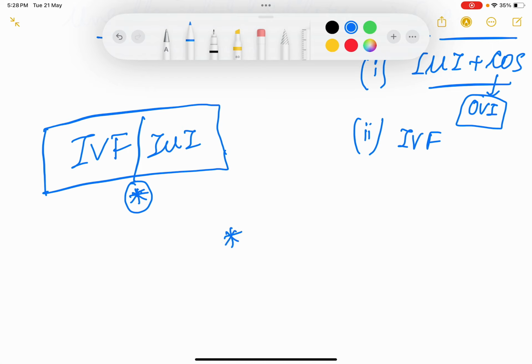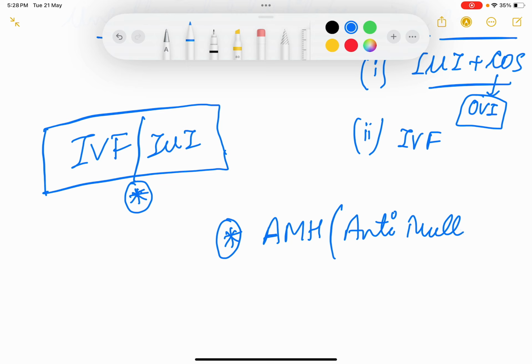Also remember, there is a very important test called AMH, that is anti-Mullerian hormone test, which is done to look at the ovarian reserve. Ovarian reserve means how many follicles there are, which we find out from the anti-Mullerian hormone test. The anti-Mullerian hormone test can be done on any part of the cycle.